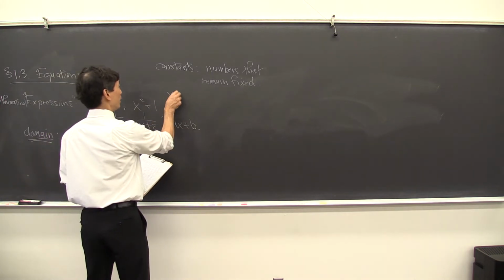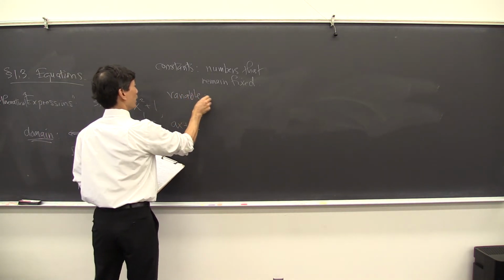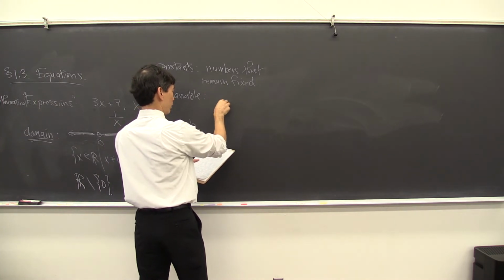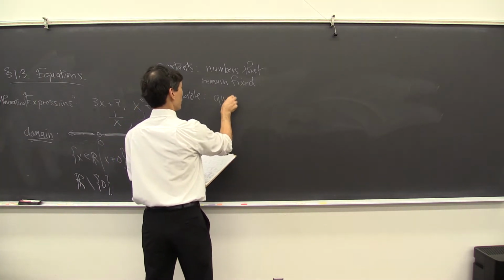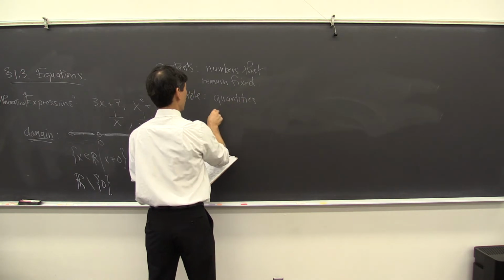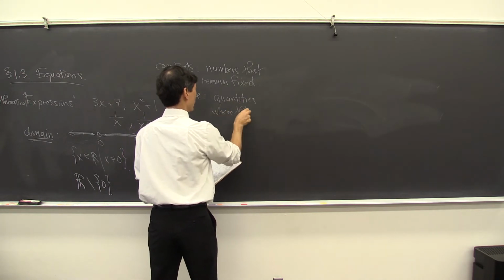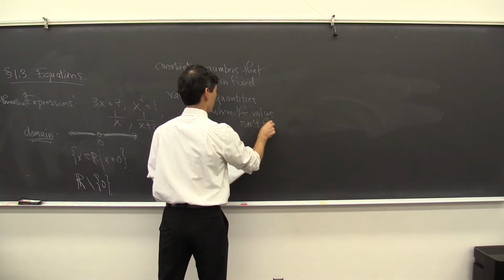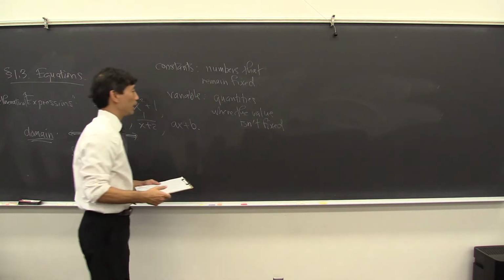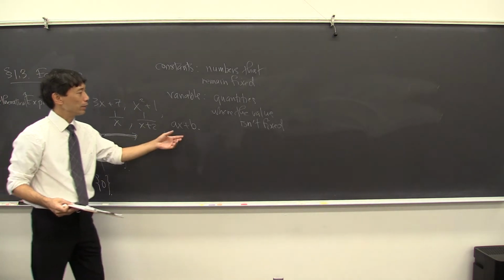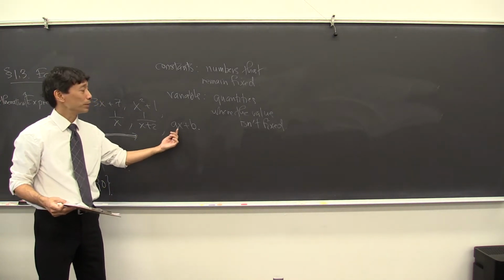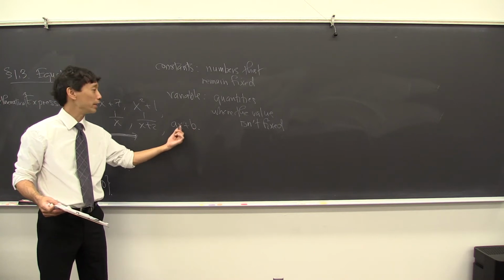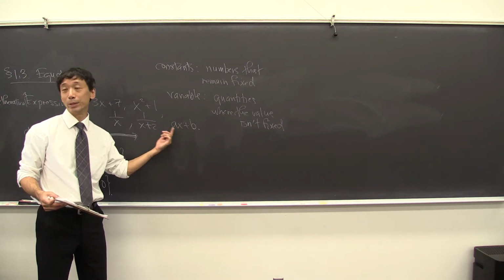Variables are any quantities where the value is not fixed. Usually one uses letters at the beginning of the alphabet for constants and letters at the end of the alphabet for variables.